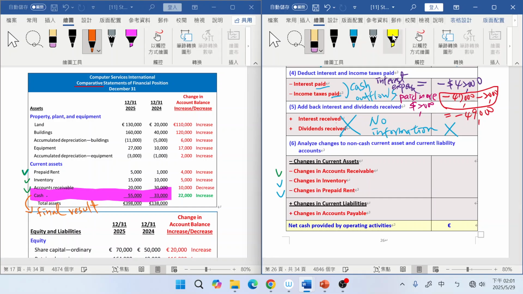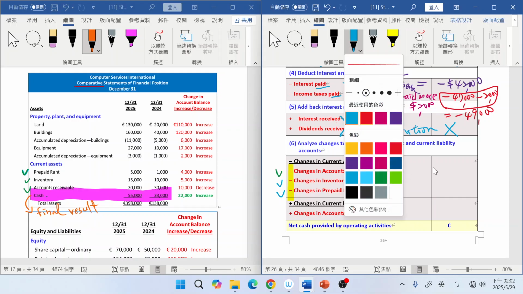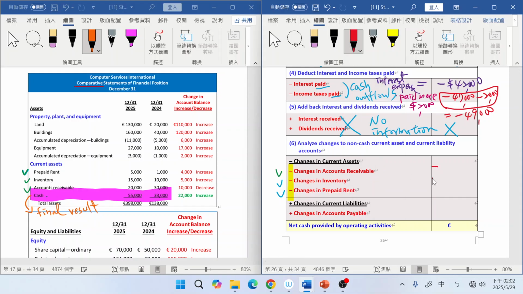So based on this, minus, minus, minus, right? Because our formula is minus, minus, minus. Then changing means what? Ending minus beginning, right? So what's the ending? Accounts receivable ending 20,000. Beginning 30,000.